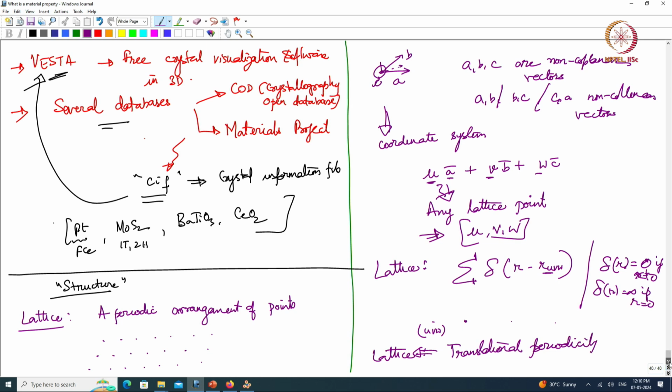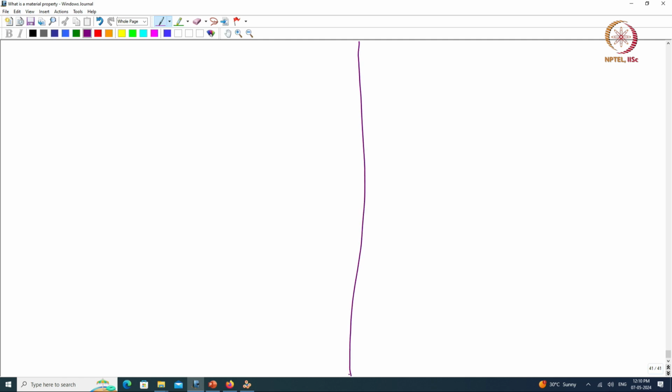Right, which means that, as I just said, if I start with a lattice point as the origin, if 0 0 0 is a lattice point, and a, b, c are your coordinates, then n1 times a plus n2 times b plus n3 times c is a lattice vector, or u times a plus v times b plus w times c is a lattice vector, it is the same thing.